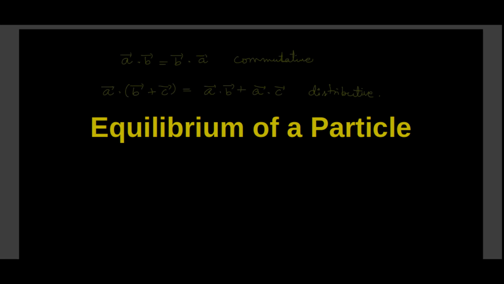What else? Okay. Equilibrium of a particle. So we are looking at statics of particles. So in that we look at what is equilibrium. What comes to mind when we say equilibrium? When we say equilibrium, what we mean is balance, right?